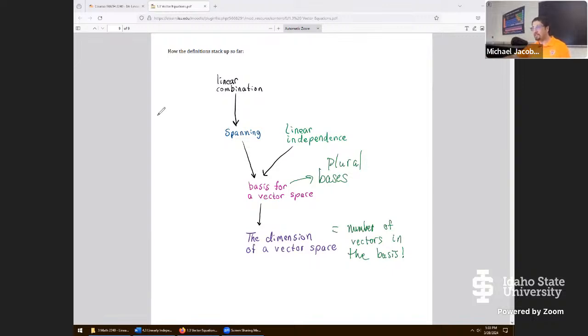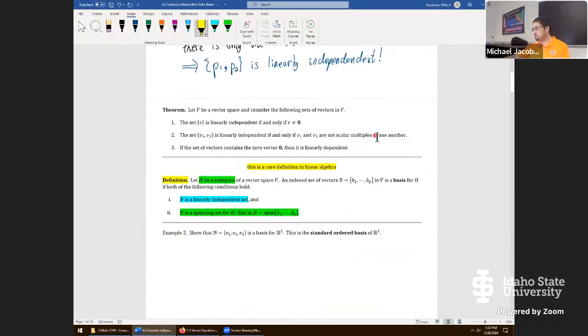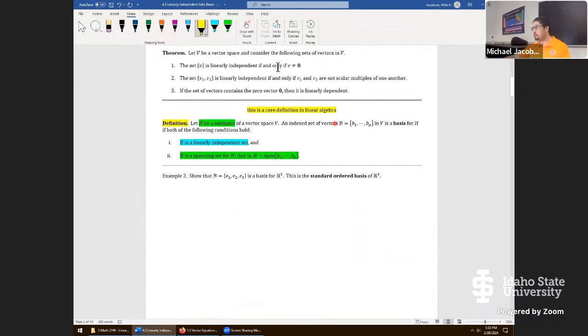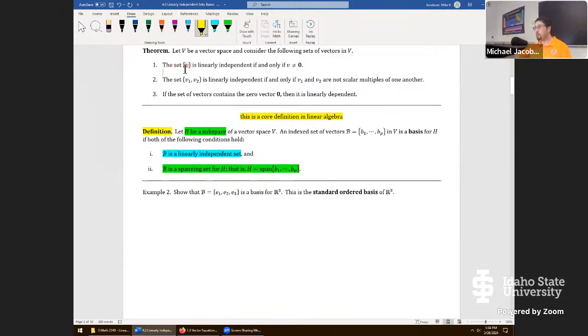Okay, well, let's take a look at the whole definition. First, I put down this definition here just as kind of additional information. This is really a recopy of the information we had from chapter 1. It was a reminder that if your set contains just a single vector v, linear independence means v is not the 0 vector.